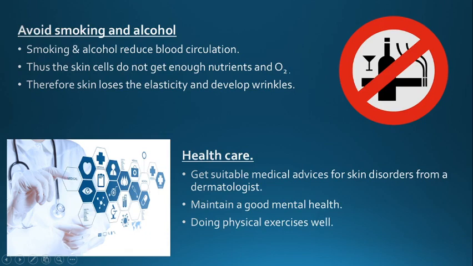So the skin cells do not get enough nutrients and oxygen. Therefore, the skin loses elasticity and develops wrinkles. So, if someone is smoking or taking alcohol, his skin ages faster than a normal person. So, if you want to look younger for a long time, you have to avoid smoking and alcohol.